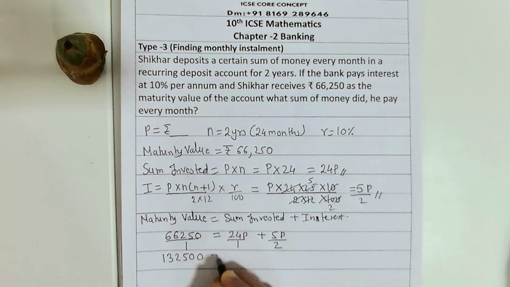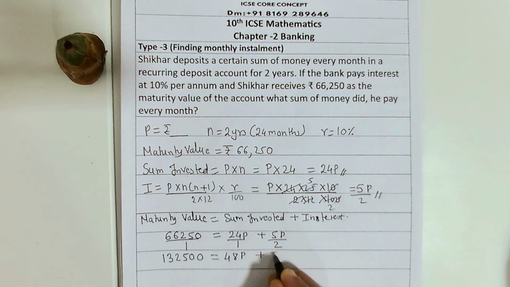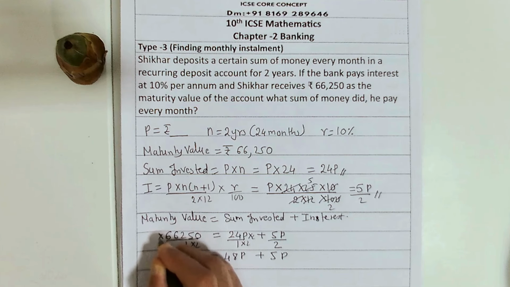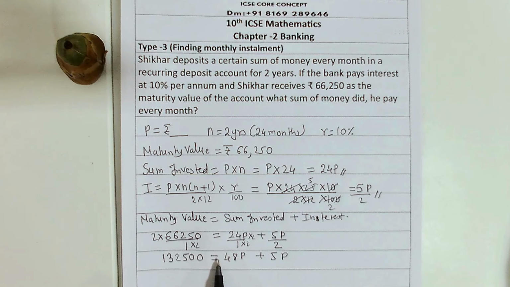So that comes to 132500 is equal to 48P plus 5P. I hope you understood. Into 2 into 2 into 2. Is it clear students? When you calculate this, it comes to 132500 is equal to 53P.